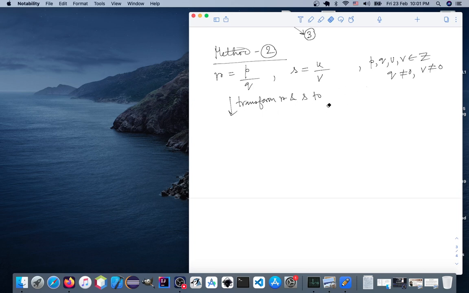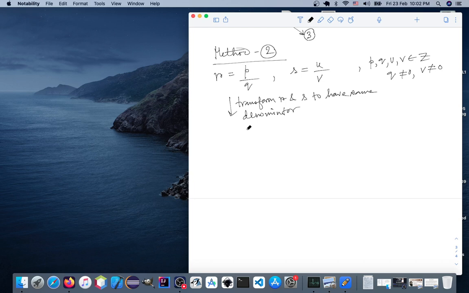We transform the rational numbers R and S to have the same denominator. Over here Q and V are the denominators and P and U are the numerators. So we need to find the LCM of Q and V, and that will be the denominator.